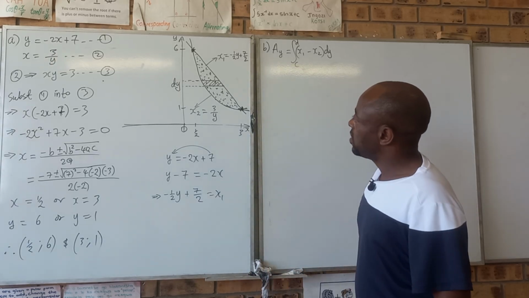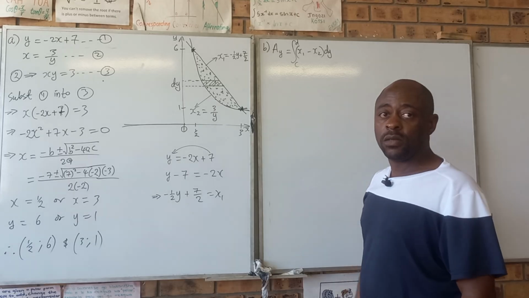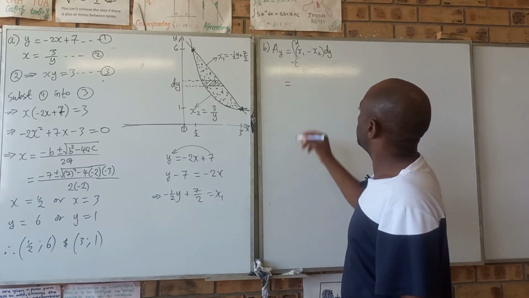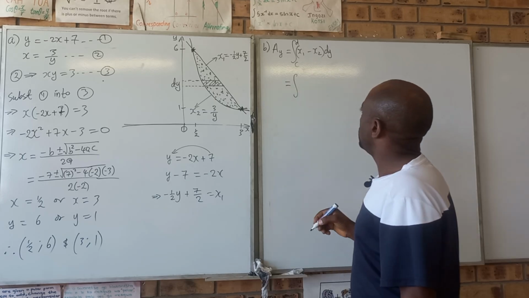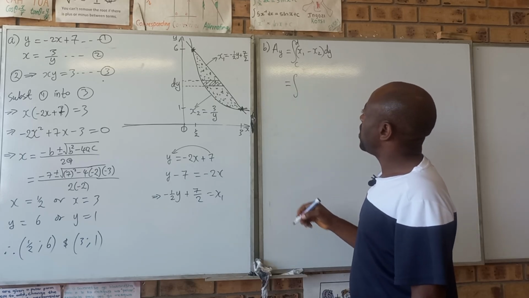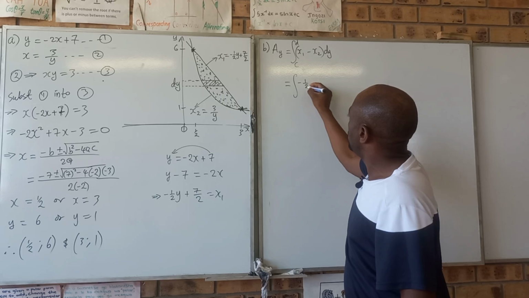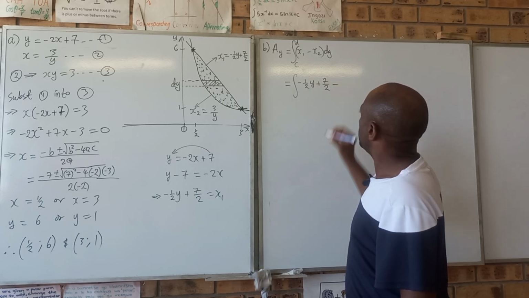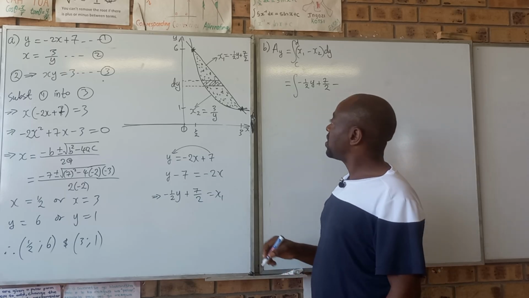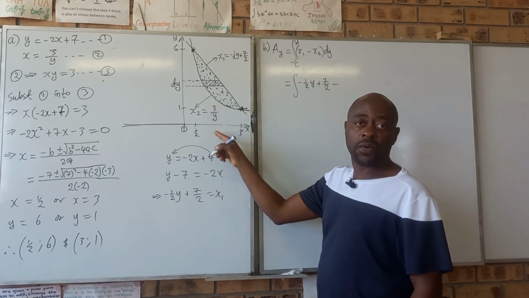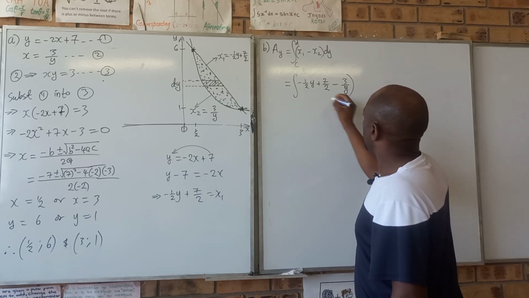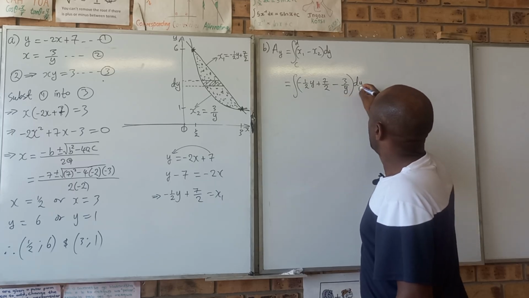So with my graph now I'm done with my horizontal strip, so I can now calculate my area. My area will be the integral of x1, which is negative a half y plus 7 over 2, then minus x2, my x2 is 3 over y. So I get 3 over y, then my dy comes there.